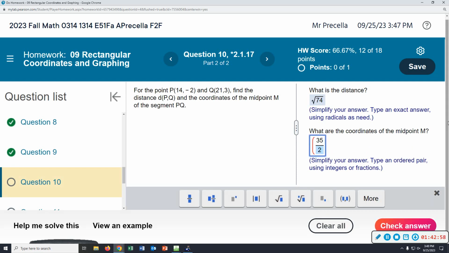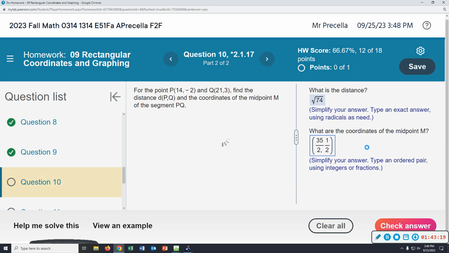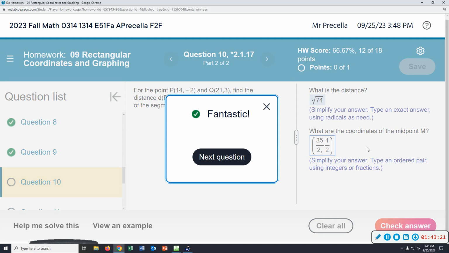35 over 2. I wonder if you put the comma right there. If you left it down there, will it take it? And what did you say, 1 over 2? I thought it was negative 1 over 2. Nope. I shouldn't have that comma down there in the denominator. Let's see. Yeah, it took it.